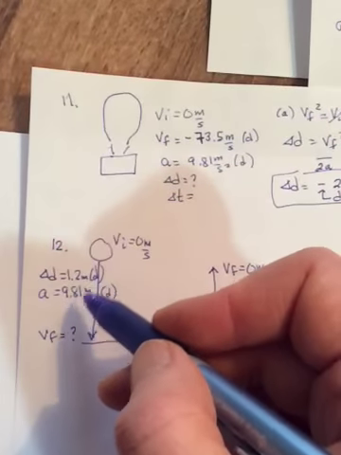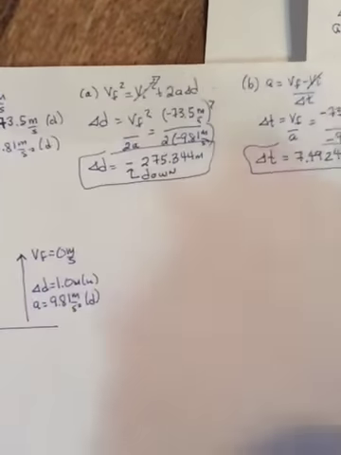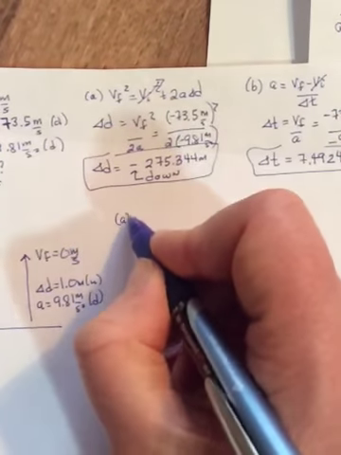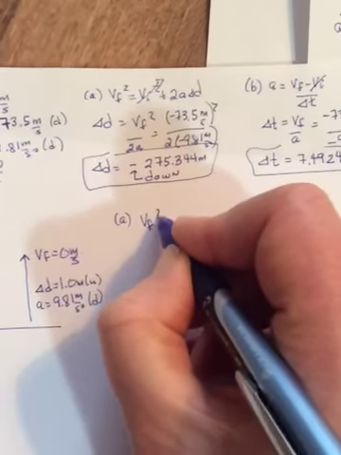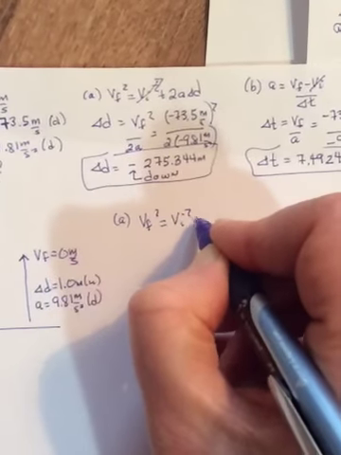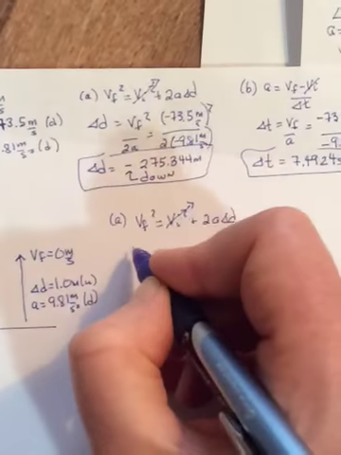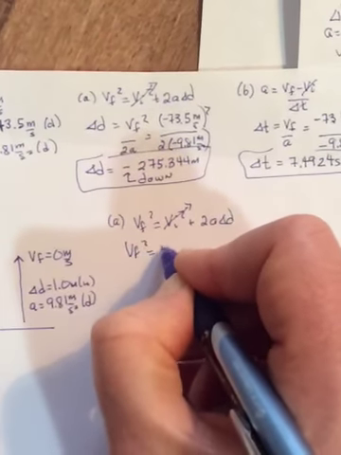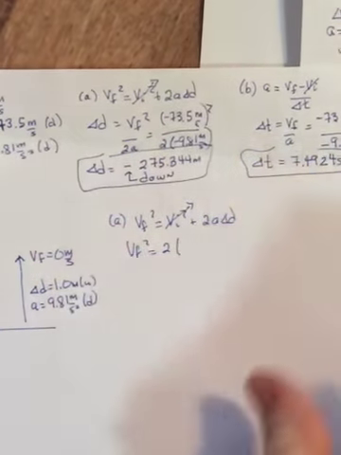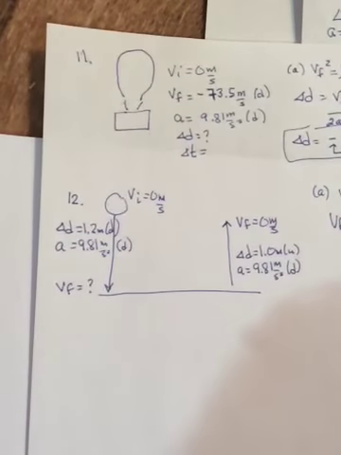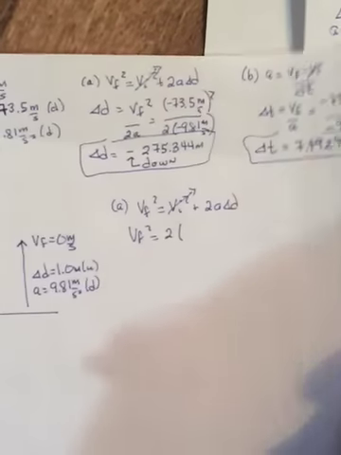So we have the VI, we have the A, we have the delta D. So in part A, we would use VF squared is equal to VI squared plus 2A delta D. VI is 0. So VF squared is equal to 2. And if you want, you could call down positive or negative on this first side because it's all going down.